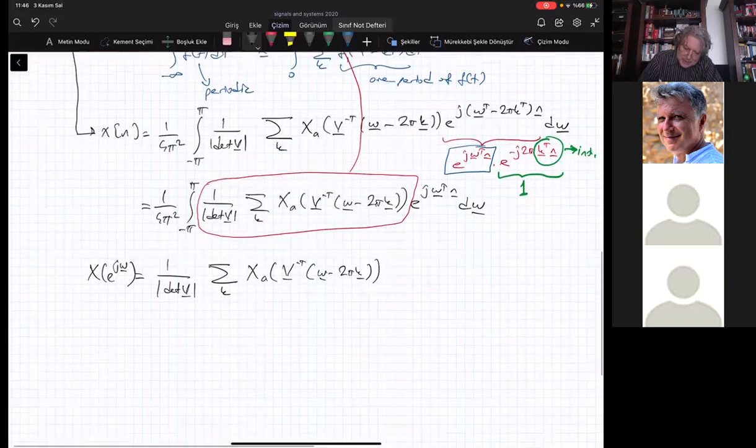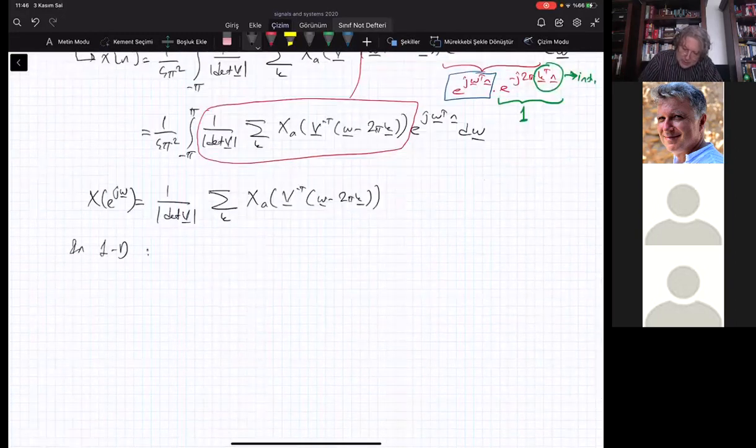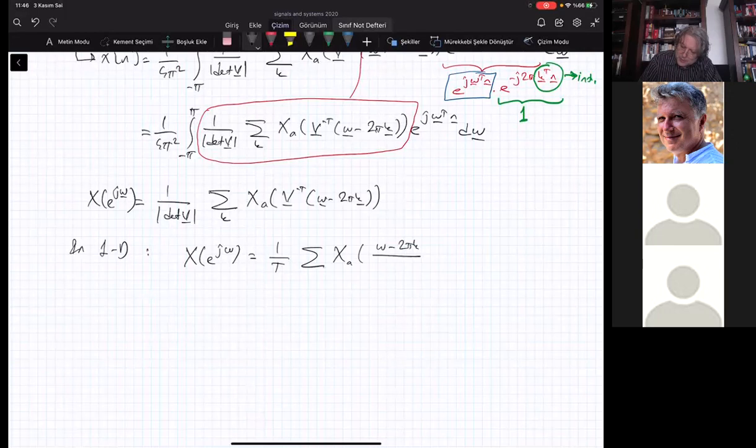If you remember, in 1D, the formula was 1 over capital T, summation of X continuous, or analog, times omega minus 2 pi k over capital T. You may check your notes and see that the one-dimensional sampling formula was this one, and now we have this, and it seems legitimate, because they correspond to exactly the same things.